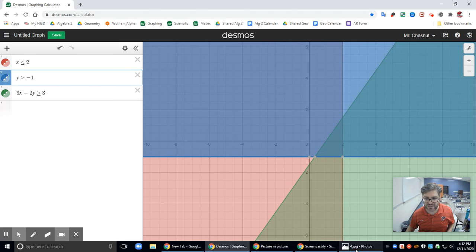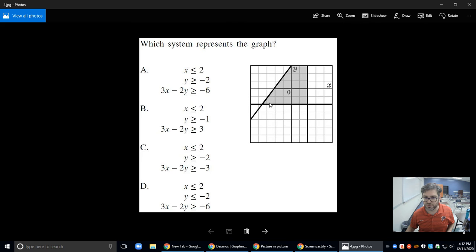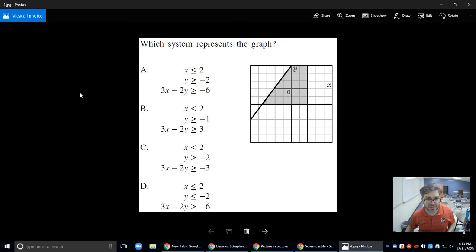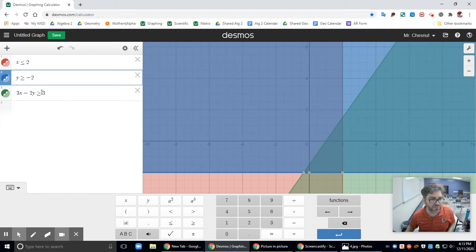So that eliminates answer choice B because it's not going through negative 2. Then I can look at all the other answer choices that have a negative 1 in there and eliminate those, but unfortunately they don't. So I'm going to move on to answer choice C, and I'm going to change that back to a negative 2. And then it looks like the third inequality is greater than or equal to negative 3.